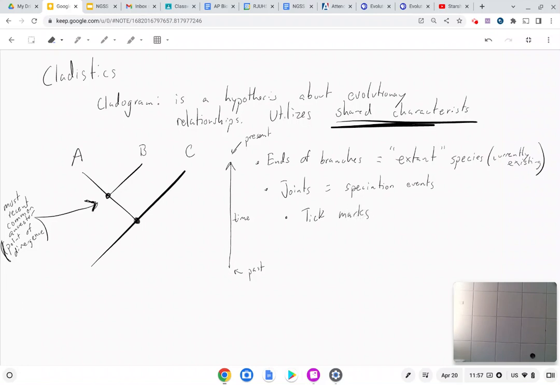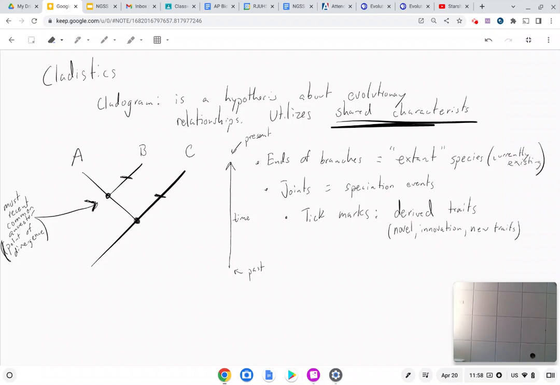If you see a tick mark right here, or maybe here, those would be what they call a derived trait. Another word for derived would maybe be a novel trait, or you could call it an innovation, right? A new trait. Those are all ways of thinking about a derived trait.